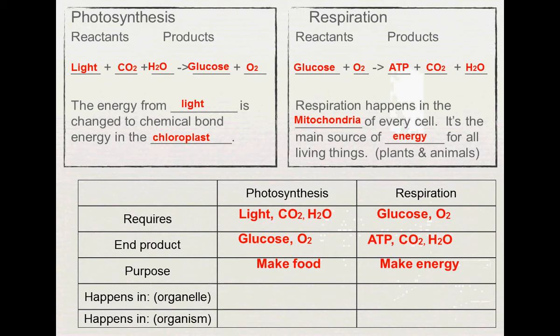Which organelle for photosynthesis, Moaz? Chloroplast. And let me ask you this question. What is the pigment found in chloroplast that allows this to happen, Abby? Chlorophyll. All right, how about respiration, Lena? Which organelle? Mitochondria.